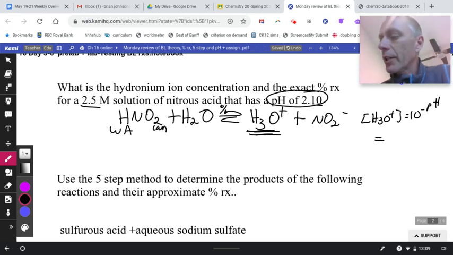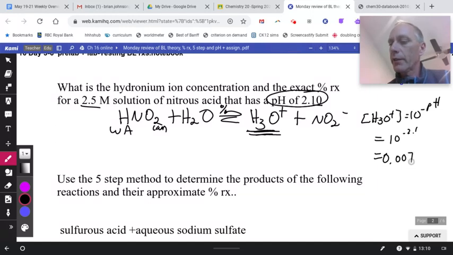Okay, 10 to the negative 2.1 is 0.00794. So there's our concentration of hydronium ions, and that's mole per liter.